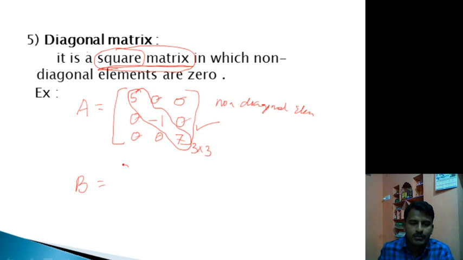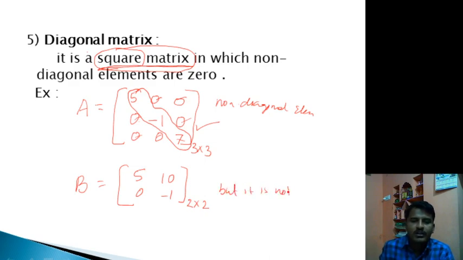One more example, B is equal to [5 10; 0 -1]. Is it a diagonal matrix? First of all, it is a square matrix, but it is not a diagonal matrix. Why?